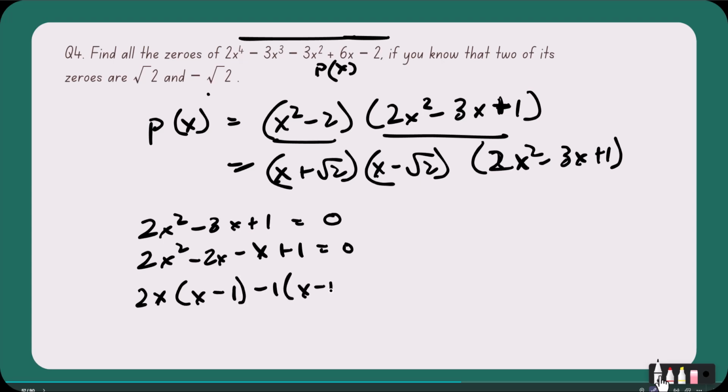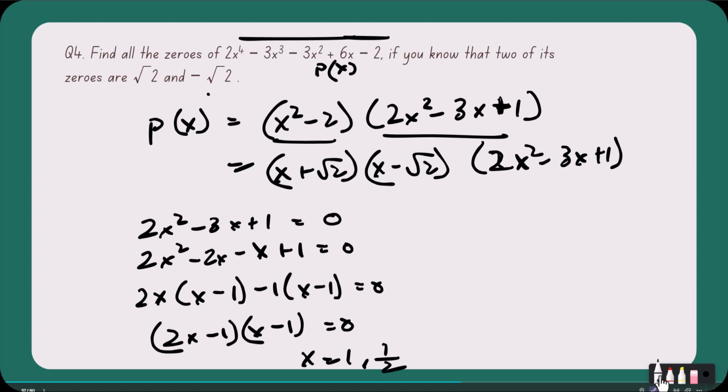We get 2x minus 1 and x minus 1 equal to 0. So x is equal to 1 and x is equal to 1 by 2. These are your zeros, right? So all the zeros: root 2 is a 0, minus root 2 is a 0, 1 is a 0, 1 by 2 is a 0. These are all your 4 zeros.